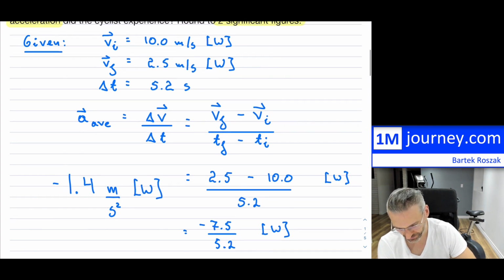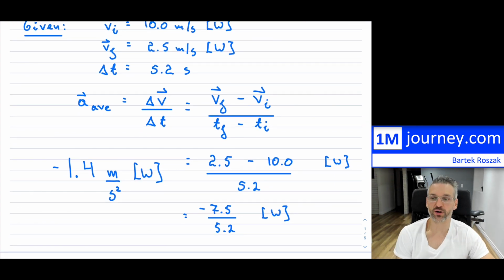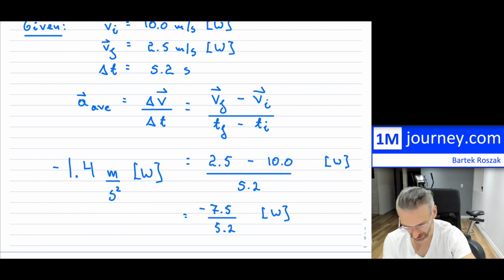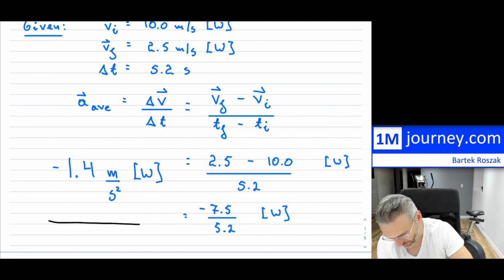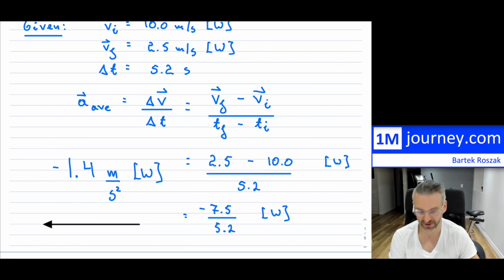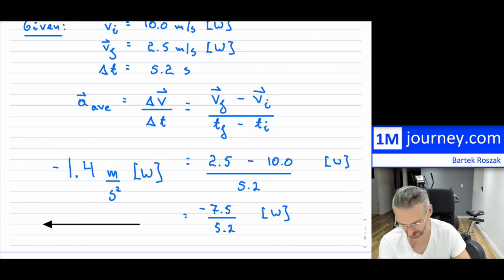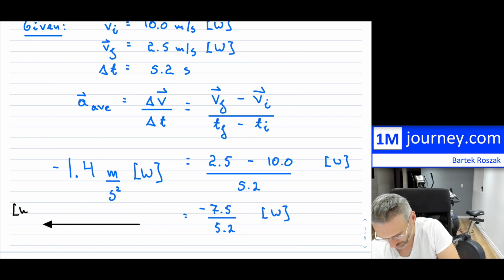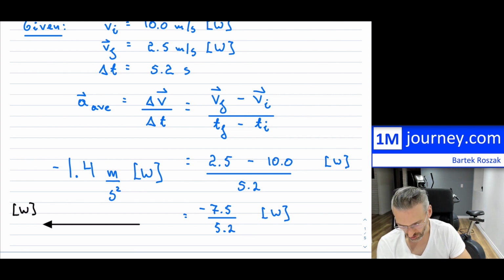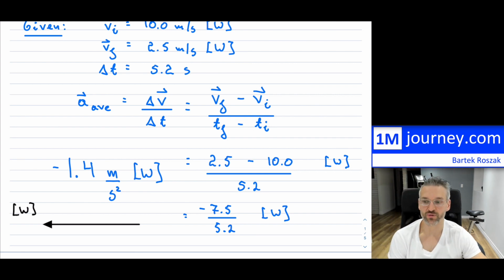Now, if you are visualizing this for yourself, what does this mean? I like to draw this out. West is in this direction, to the left, at least by the standard convention. So that's how the cyclist is moving: the cyclist is moving west.